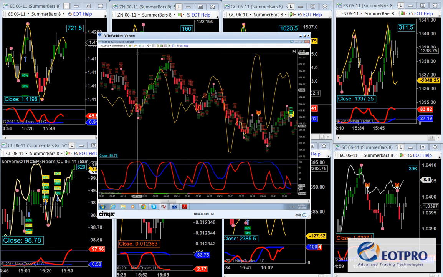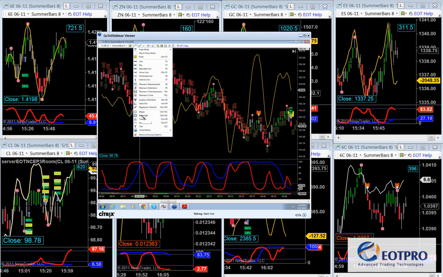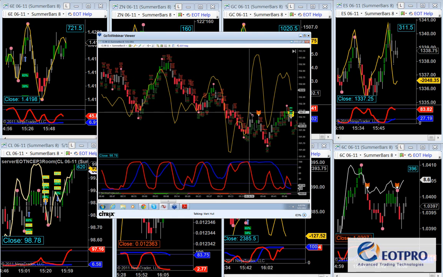And what I'm going to do is I'm going to draw a little rectangle here. Hopefully you can see that. From this point on, okay, that's a choppy area. Failed to go higher, broke lower, broke higher, now it's a higher low. Okay, but the indicator is showing indecisiveness in the marketplace.